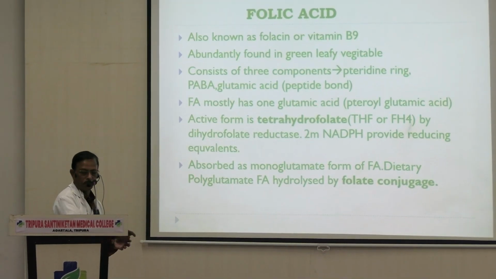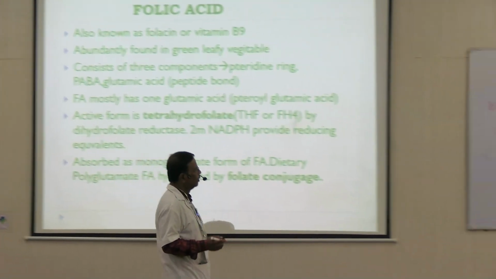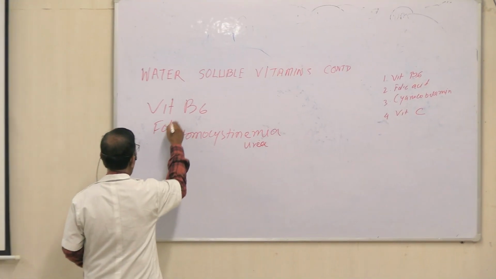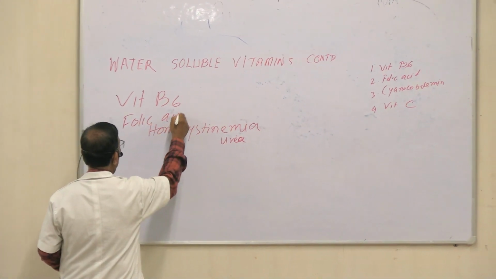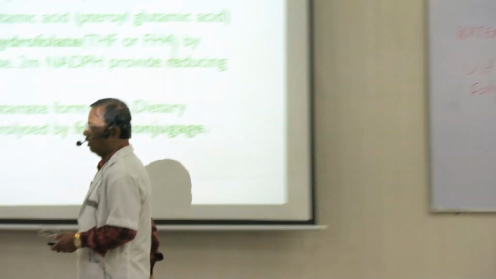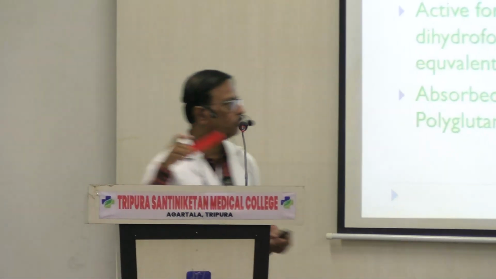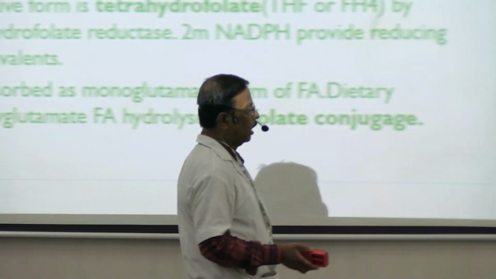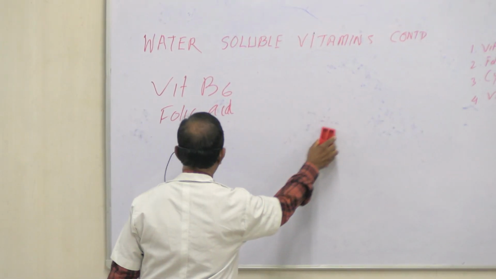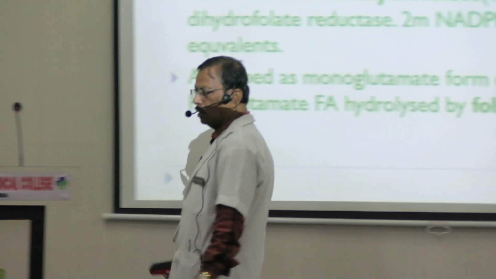Coming to the next vitamin, folic acid. In water soluble vitamins we have two groups, energy releasing and hemopoietic. So folic acid is a hemopoietic vitamin.